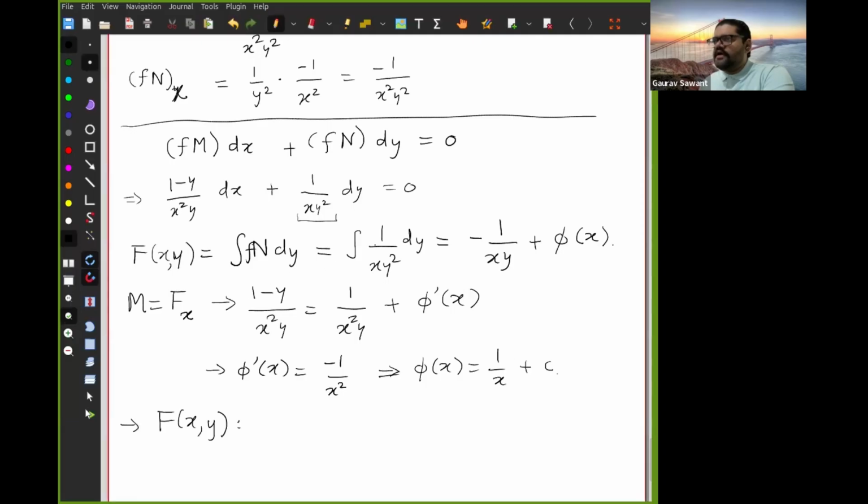I was using n here, right? I had the form minus 1 over xy plus phi of x. So I would have minus 1 over xy plus phi of x equal to some suitable constant. Okay, and like there was a k constant mentioned there, so that c we will change later. It's just a symbol.